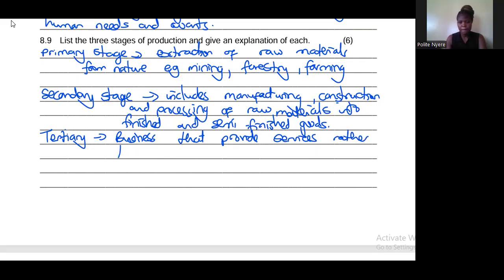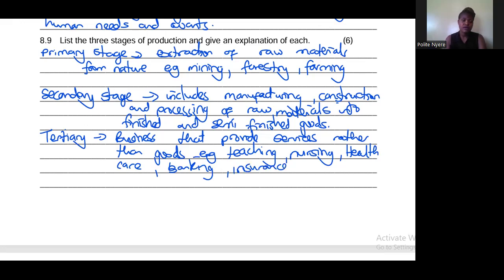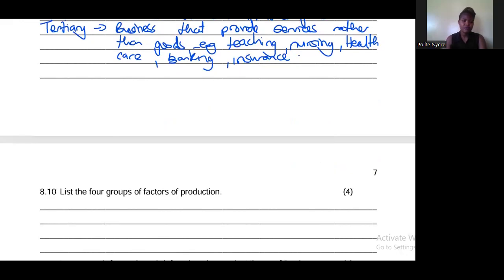For example, teaching, nursing or healthcare, banking, insurance. Those are some of the examples.